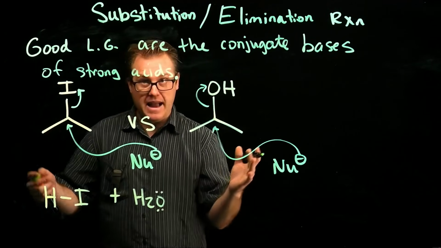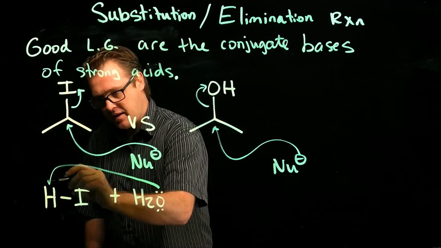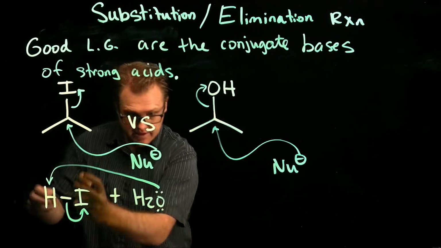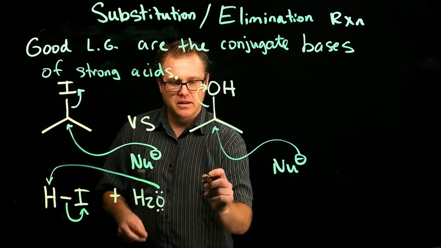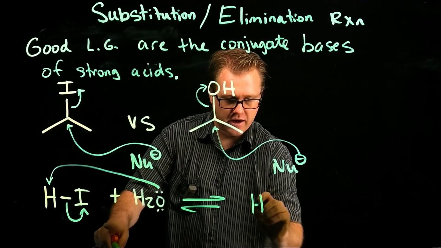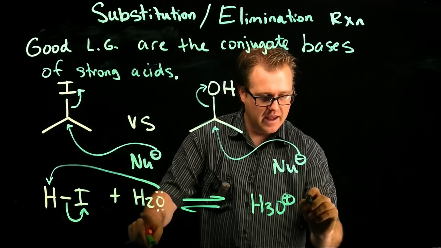And now we are going back to acid-base chemistry here. So this is going to come in. The iodine's going to leave. You see how it's leaving off of the hydrogen right there? And what are we going to make? We're going to make our hydronium. There's the conjugate acid.